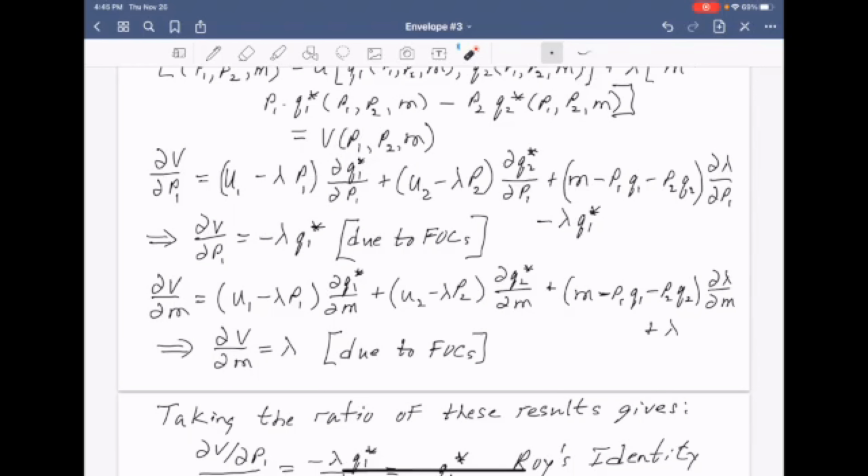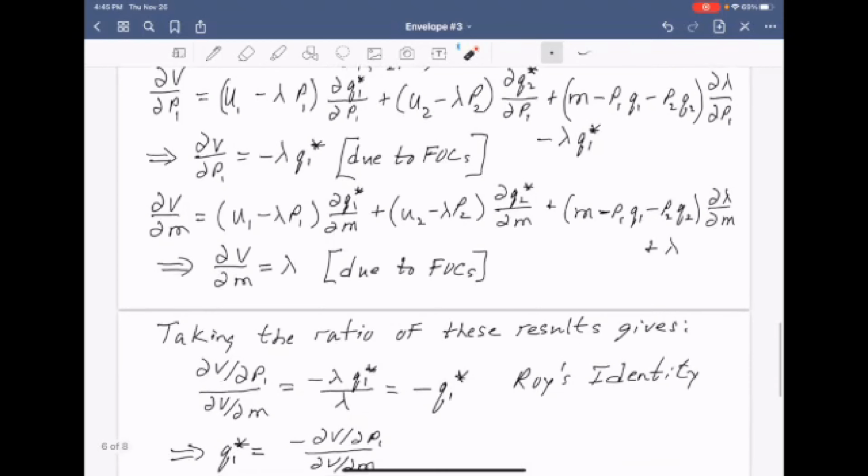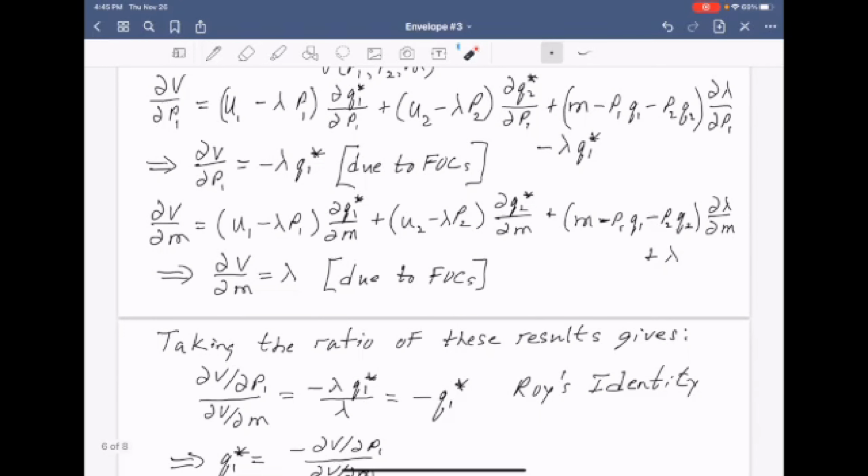Now, taking the ratio of the partial of V with respect to P1 divided by the partial of V with respect to the budget or income, we get minus lambda Q1 star from this expression here. And let me just highlight that with a red pen. So we have this one, and we have that one.